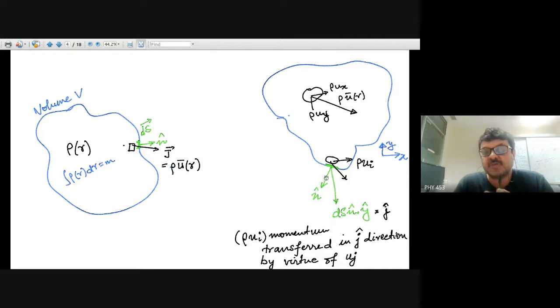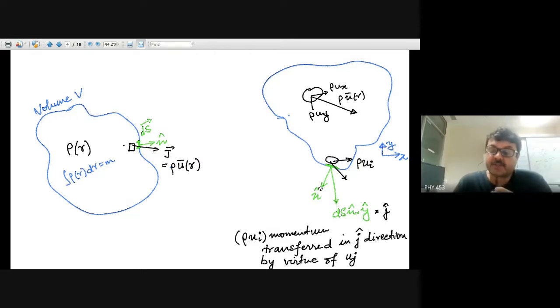It was flowing out through this surface, but it has a velocity u in this direction, similar to this, but in some slightly other direction here, right? But the surface is in this direction. The normal to the surface is this, and the surface is oriented along this, such that the normal is this.